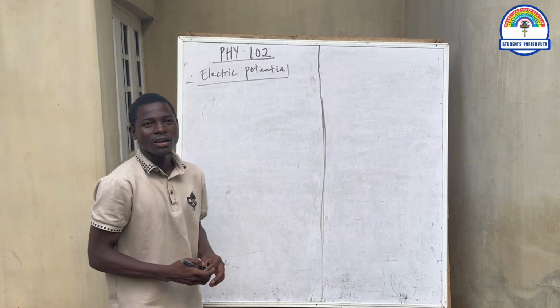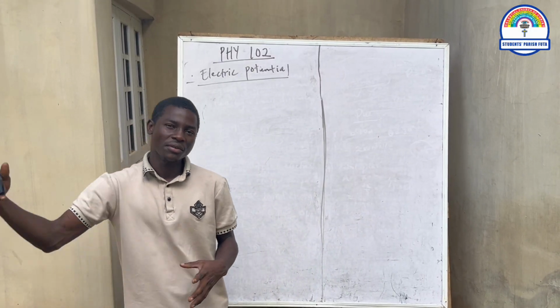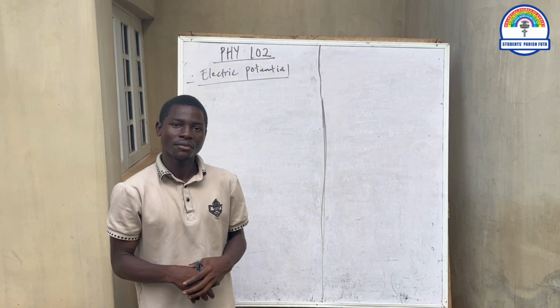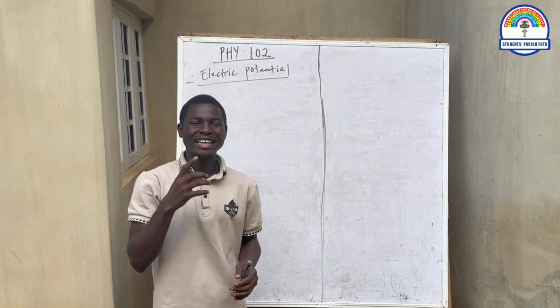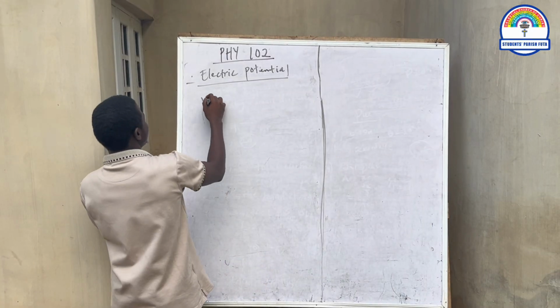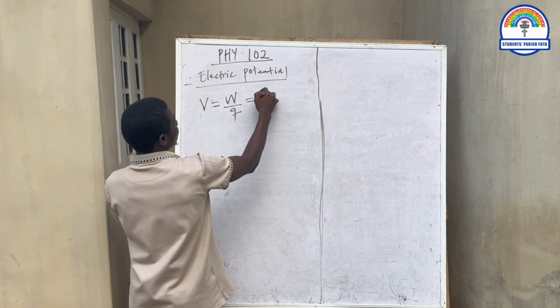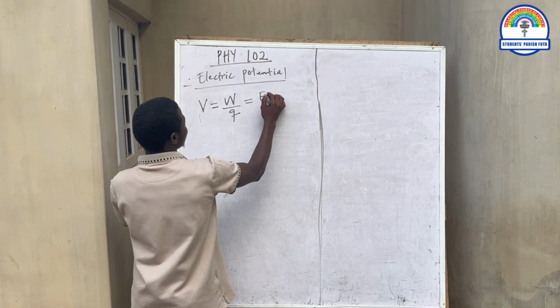Electric potential is the work done per unit charge in bringing a test charge from infinity to a point in that field. So it is given by V equals work done over charge, and work done is your force times distance.